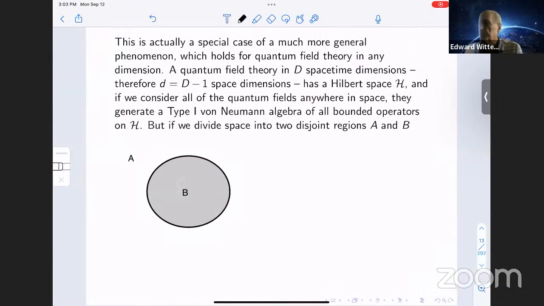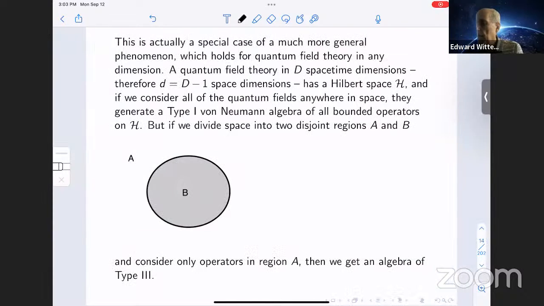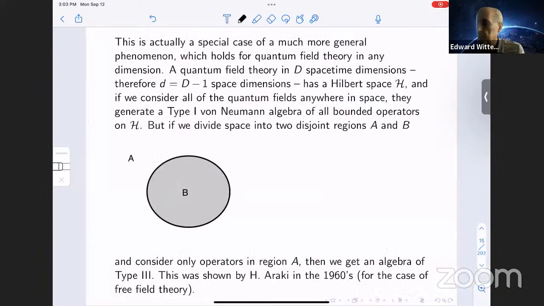But what if we divide space into two disjoint regions, A and B, and consider only operators supported in region A? Then we get an algebra of type 3, generalizing what I said for the affine Lie algebra. This is an old result, originally due to Araki in the 1960s.